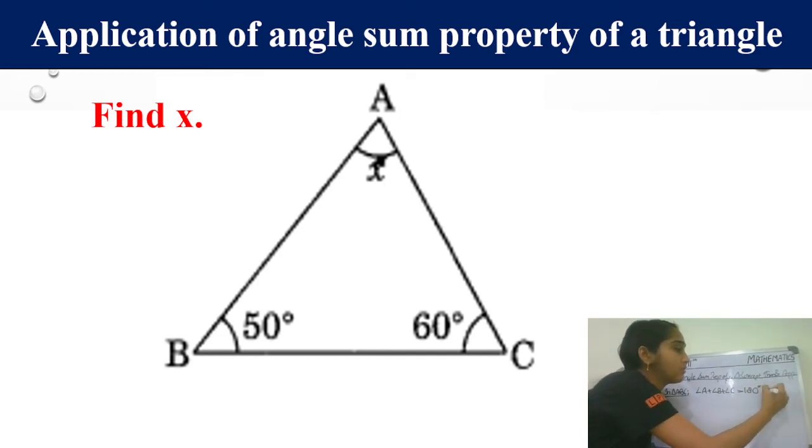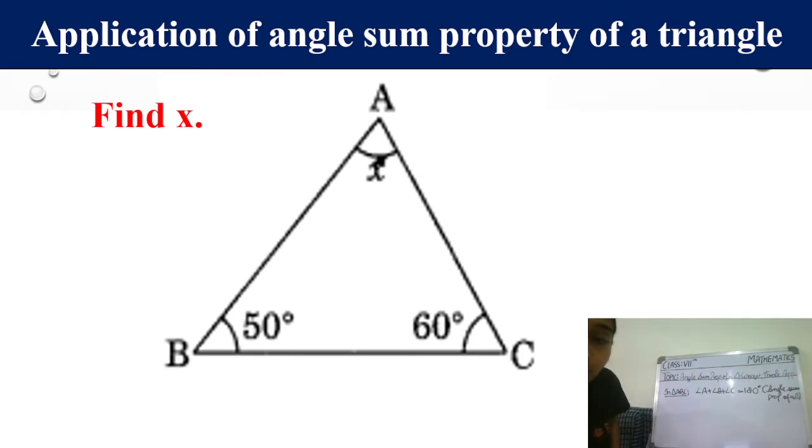Why, students? Very good. The reason you also have to write side by side: angle sum property of a triangle. Without the reason, this will not be considered, that how can you say the sum of these angles is 180 degrees. So the reason is very important to be mentioned beside the statement which you are writing. Now students, what next?